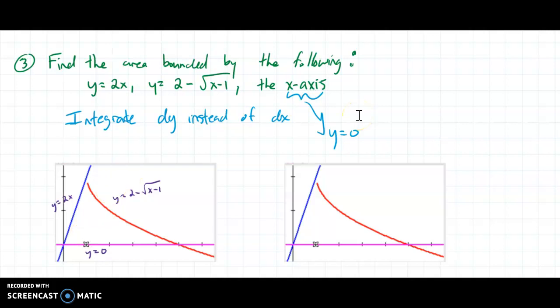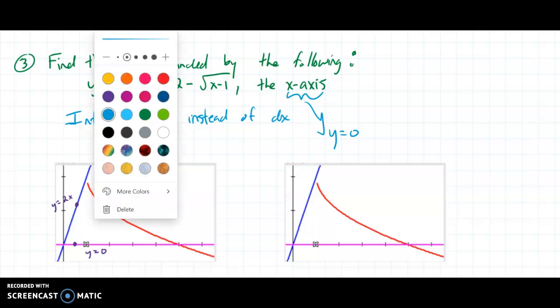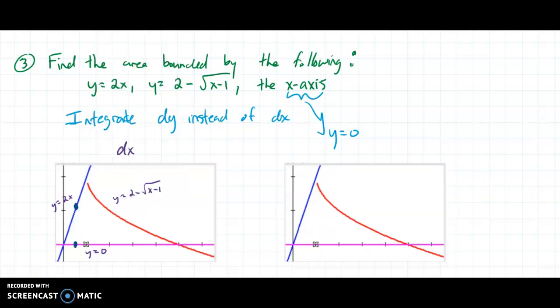If I wanted to do a dx equation, whenever we do dx, we do top minus bottom. If I do top minus bottom here, my top is the blue. And if I do top minus bottom over here to here, it's the red.